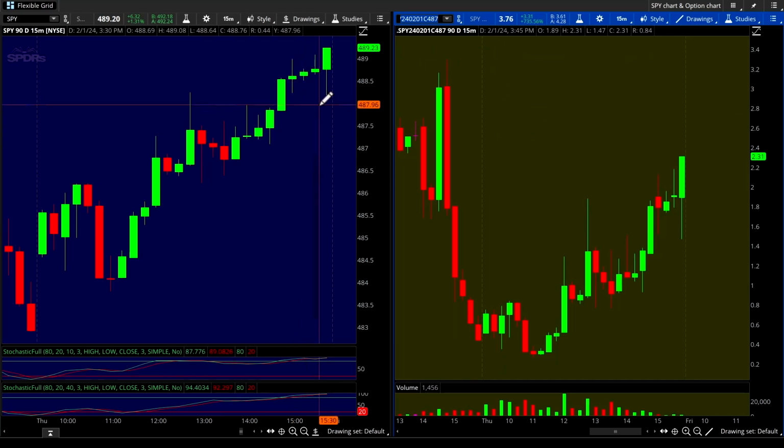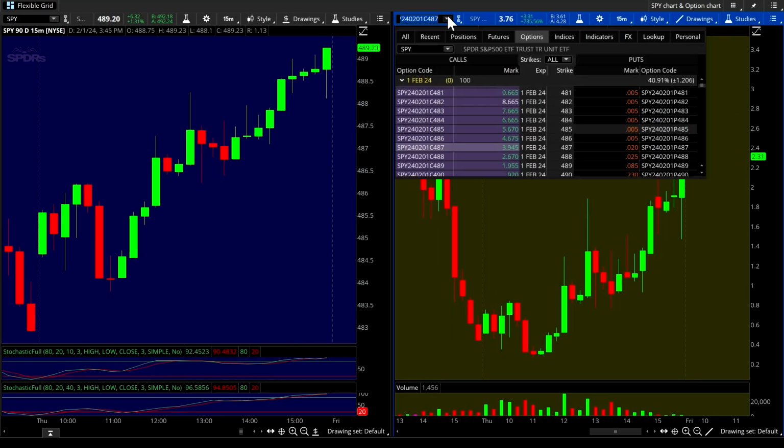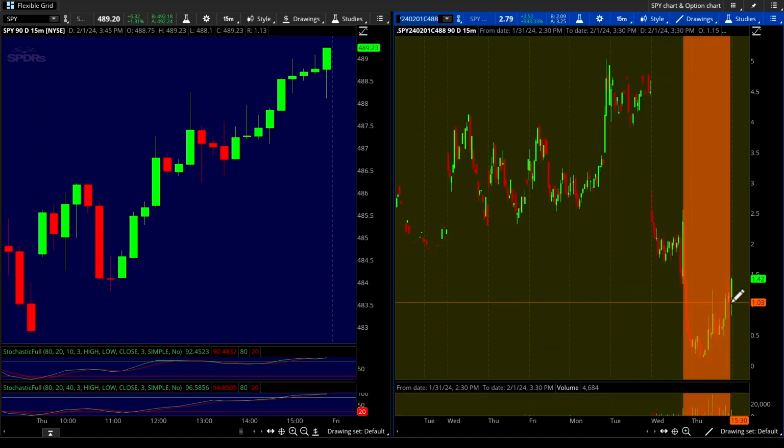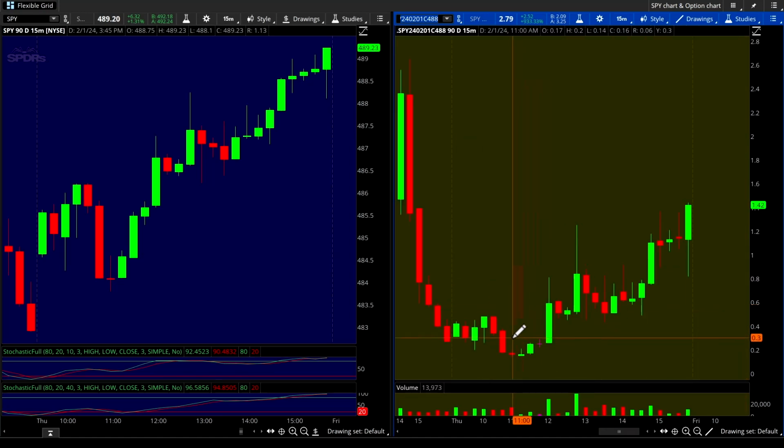Okay, let's take a look at the 488. Zoom in again. What do we got here? 11 o'clock, the low was 14 and 15. And then at 12, we got a high of $81.